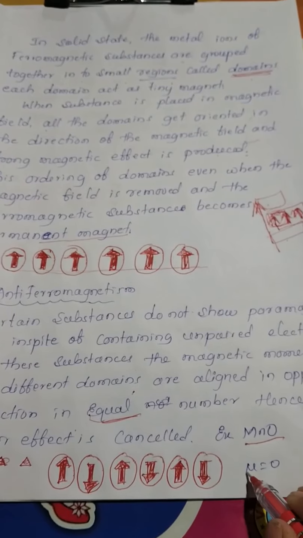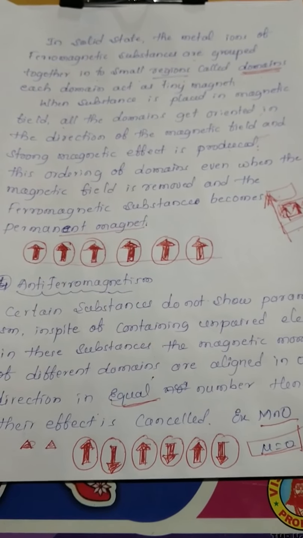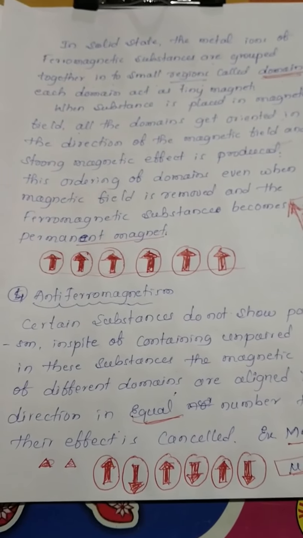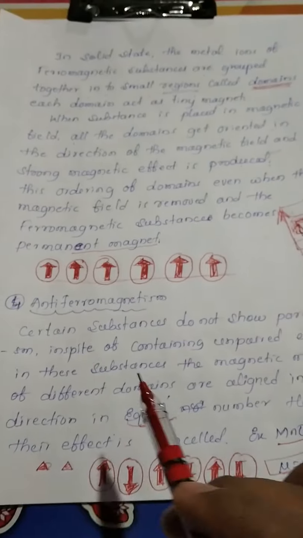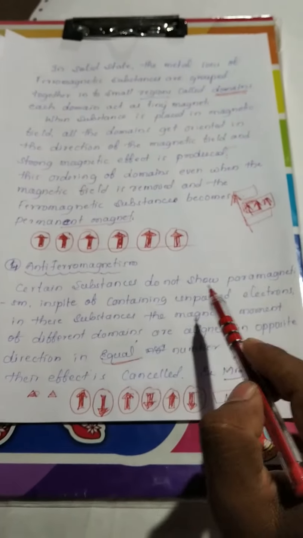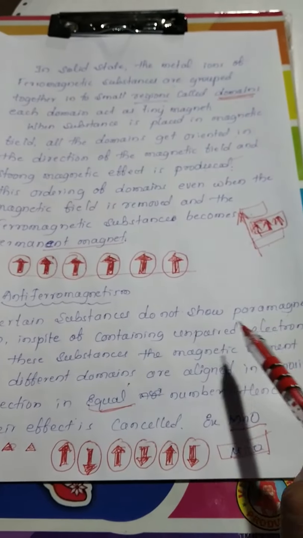Here the magnetic moment is equal to 0. Zero magnetic moment is produced, meaning there is no magnetic moment at all in this type of substance. Once again I'll repeat: certain substances do not show paramagnetism in spite of containing unpaired electrons.